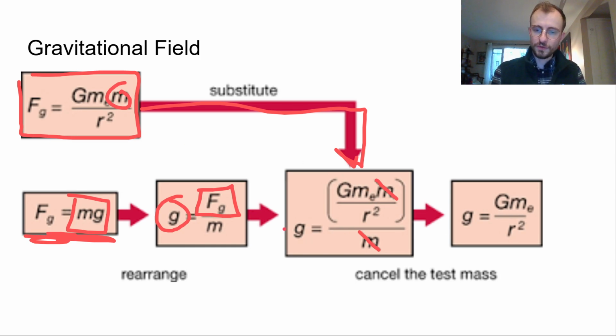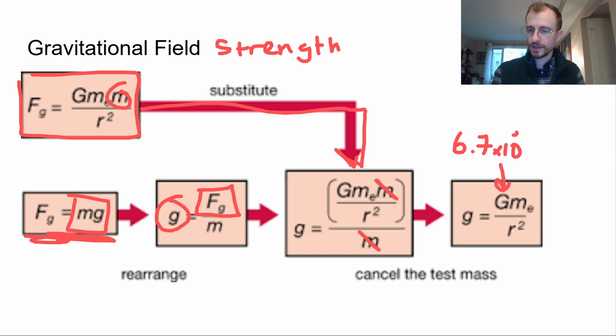So g by itself, which is called the gravitational field, sometimes called the gravitational field strength, is going to be equal to capital G, that 6.7 times 10 to the negative 11th, times the mass of the Earth, which is a fixed number, something like 10 to the 24th kilograms. I forget exactly what the number is, but it's extremely big.